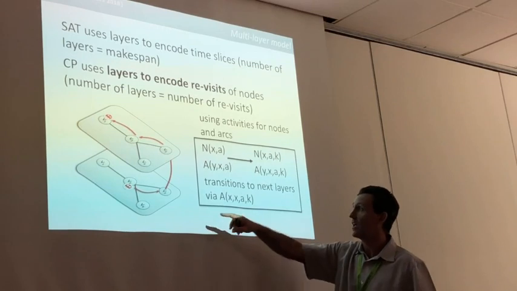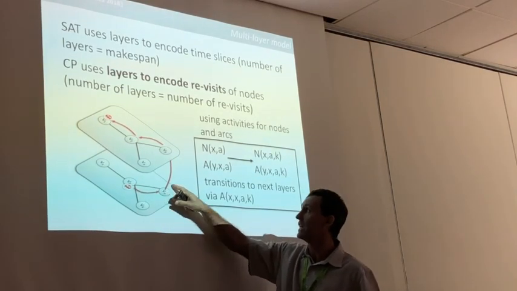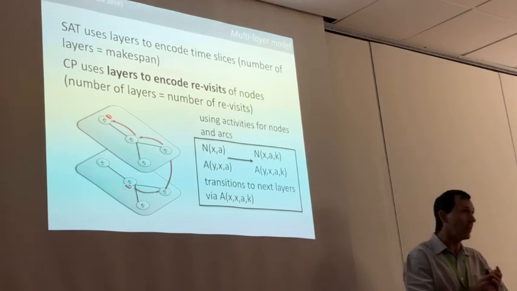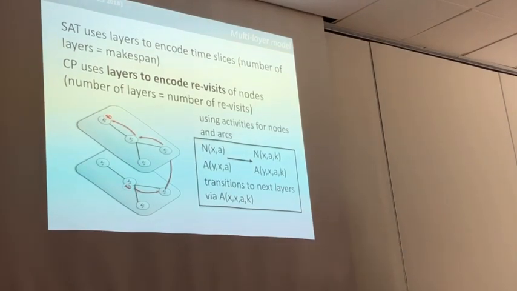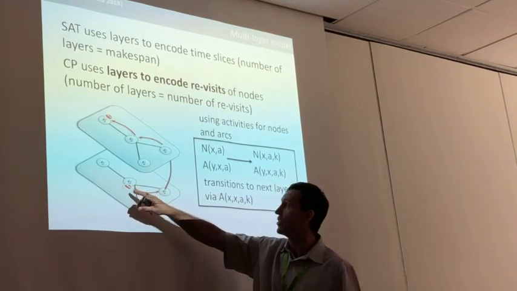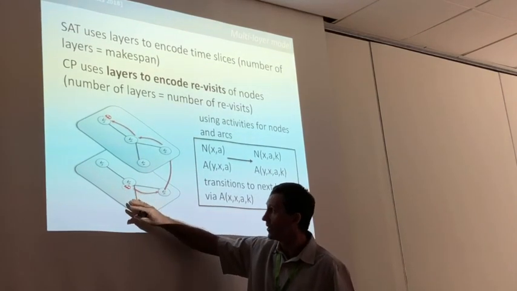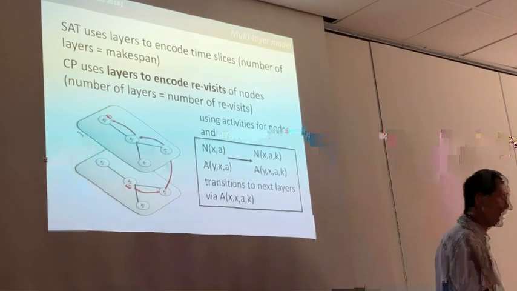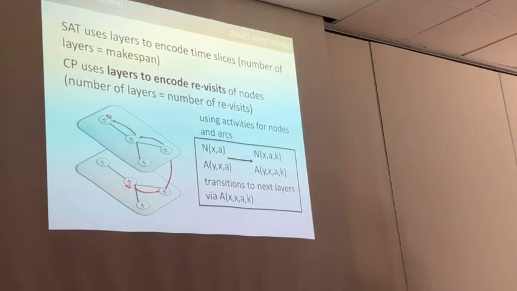So there's an activity, go from node V3 to node V3 in the next layer, which has a 0 duration, and it allows us to go to the other layer, and obviously we set the agent to be in the initial location in the 0 layer, and to be in the final location in the last layer. So it's a big difference. It's now orthogonal to the layers before. So now the layers are defined by revisits.